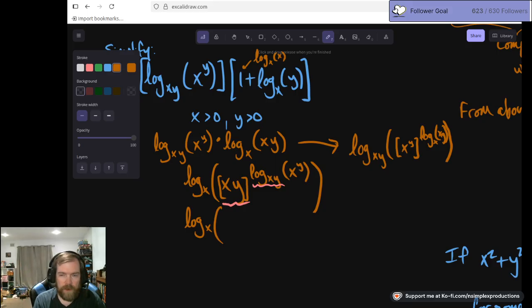So therefore, x to the y raised to that particular exponent is going to cause us to get x raised to the y. And then we can make the same argument here. The log base x is saying we want the exponent on a base of x that's going to get us x to the y, so therefore it's just y.